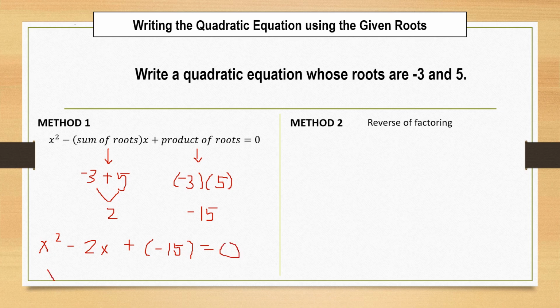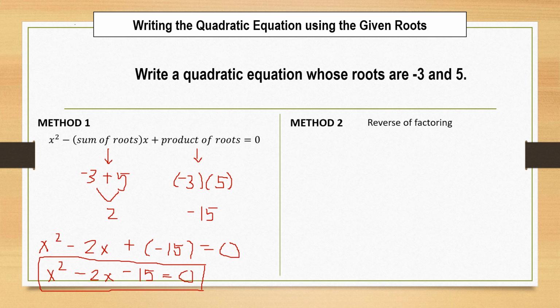Simplify. X squared minus 2x minus 15 is equal to 0. So the quadratic equation is x squared minus 2x minus 15 is equal to 0.